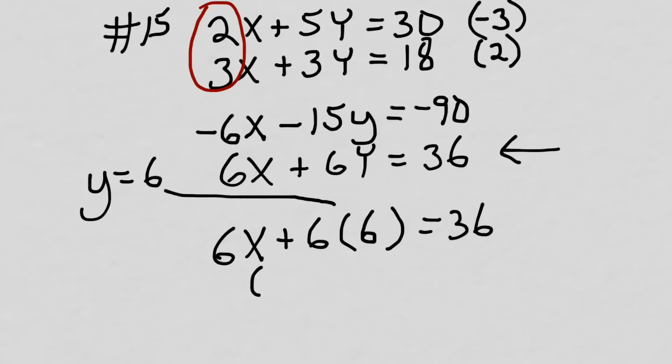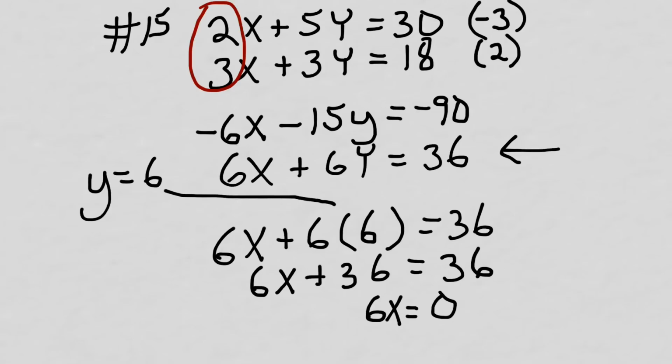I end up with 6x plus 36 equals 36. All right. Subtract 36 from each side, I get 6x equals 0. I subtracted the 36 from each side, this one and this one. And that means x equals 0.